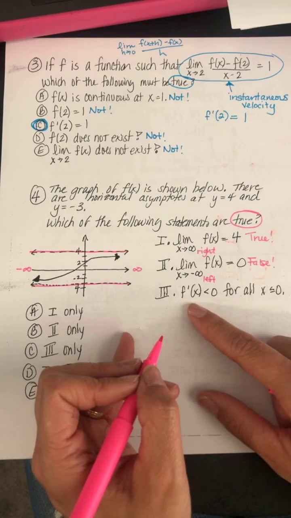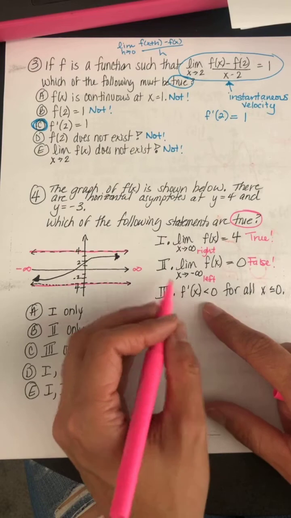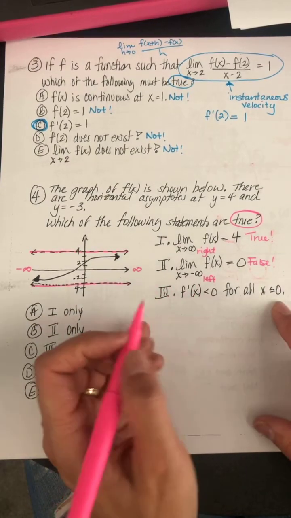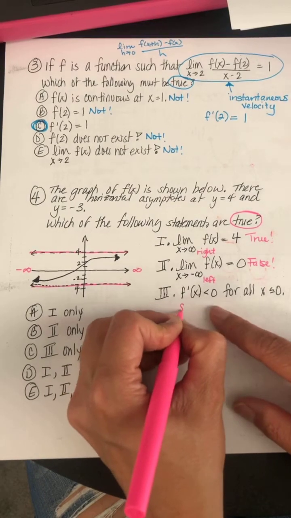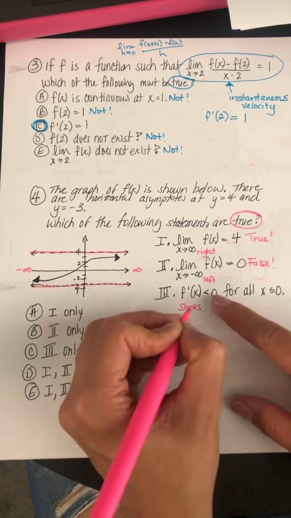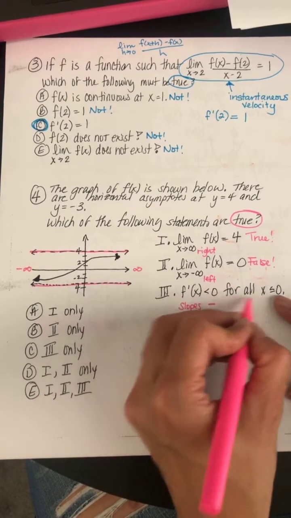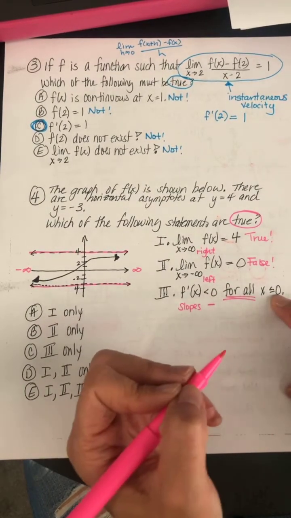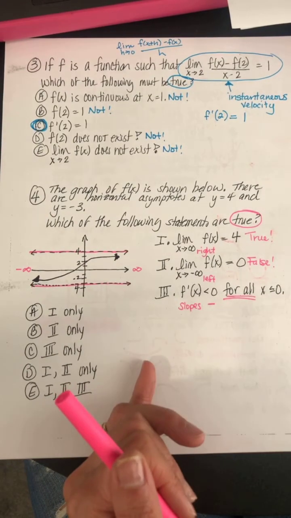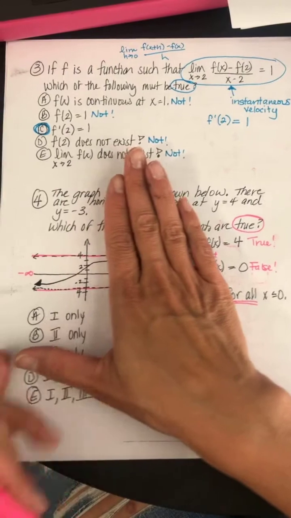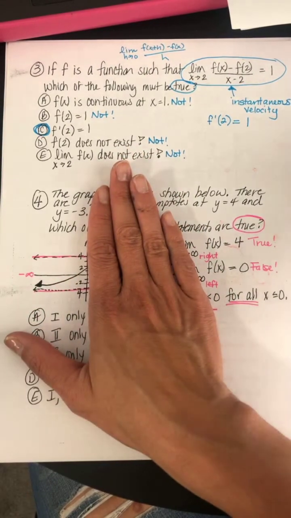If f prime of x is less than 0 for all x less than or equal to 0. So what is this saying? F prime of x, that means we're saying the slopes are less than 0. Less than 0 means we're saying the slopes are negative for all x's less than or equal to 0. So less than or equal to 0 means that we're looking at the negative x values. So if I cover up the right side of the graph, let's look at the left side of the graph.